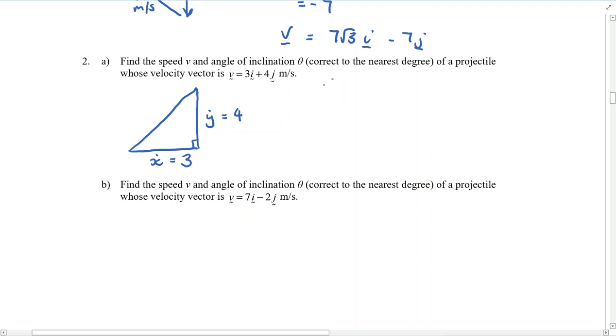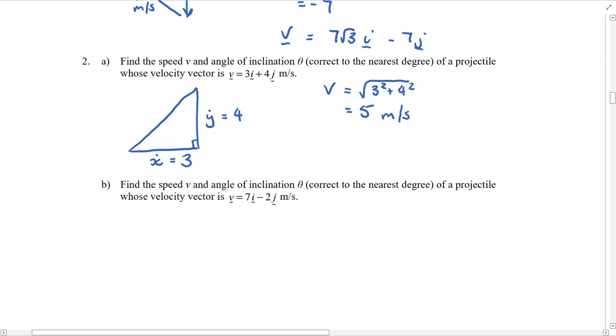Like Ben said, if I need to find the hypotenuse, I would simply use Pythagoras' theorem to find the velocity across there. So you may have that one memorized, but we're just doing 3 squared plus 4 squared. So my velocity is going to be 5 meters per second.